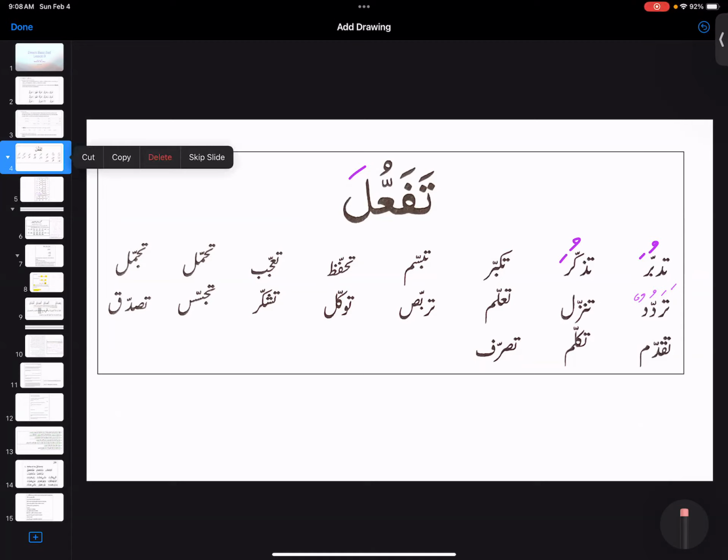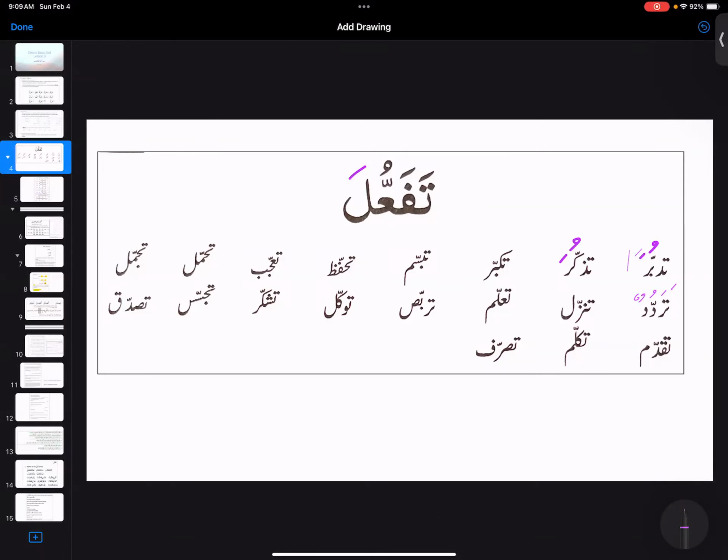Okay, then some more masdar from that family, which we see in Quran Pak a lot, right? Tadabburun, or tadabburu. If it is masdar, it could be tadabburan, yeah.